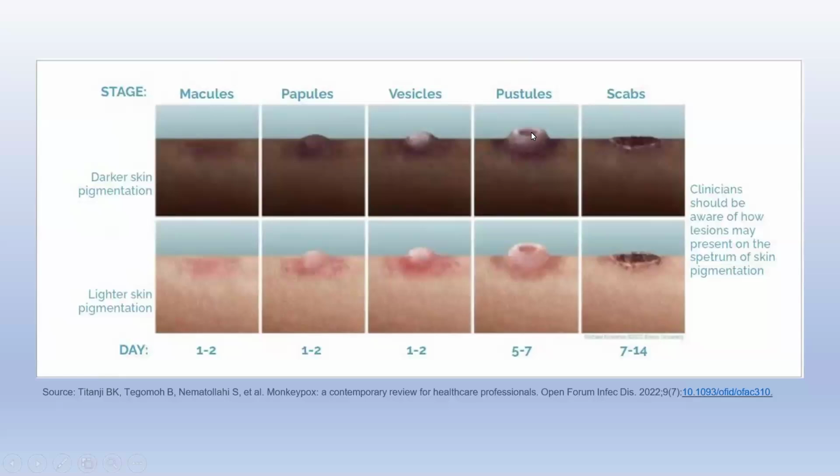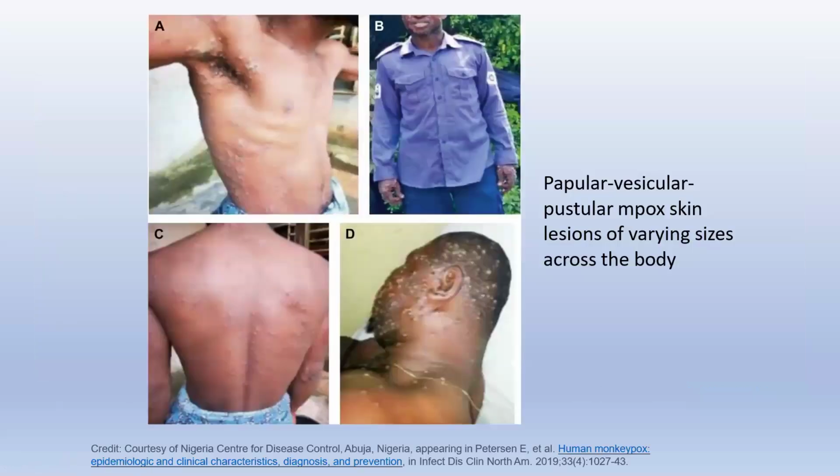As you can note, it's actually umbilicated in the center, and then later on, it will form a scab, rust, and then it will heal, leaving behind a hyperpigmented skin lesion.